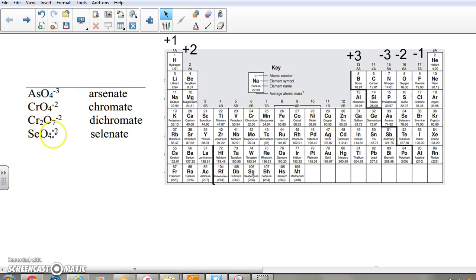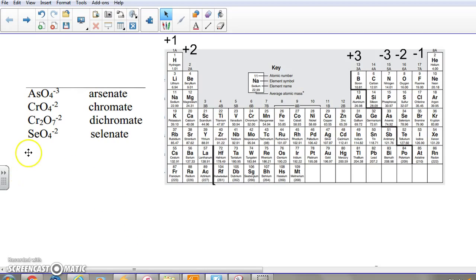So it's almost double. Chromate has 1 Cr and 4 Os. Dichromate has 2 Crs and 7 Os. However, they both have the same charge of -2. So again, one of those things you just got to memorize. So make those flashcards, practice.